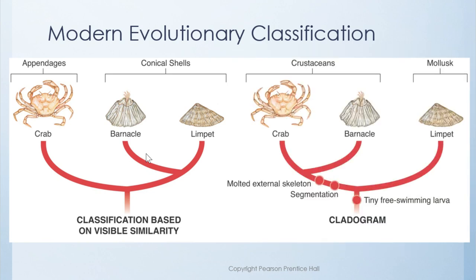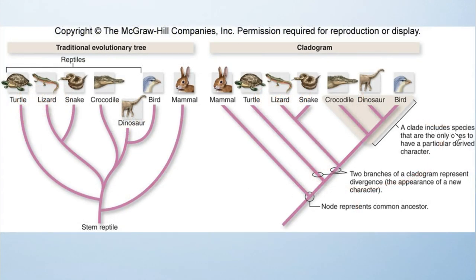But when you start looking at genes and actual traits, like real traits, besides just the way they look, you'll find out that barnacles are actually crustaceans, and they are much more closely related to crabs than they are to limpets, which are mollusks, and have a different origin of that conical structure. Barnacles have a different life cycle and all of this good stuff, okay? So that's what we're talking about when we talk about modern evolutionary classification.